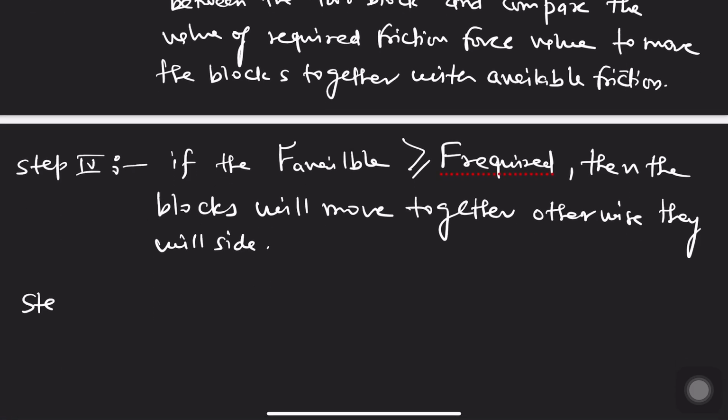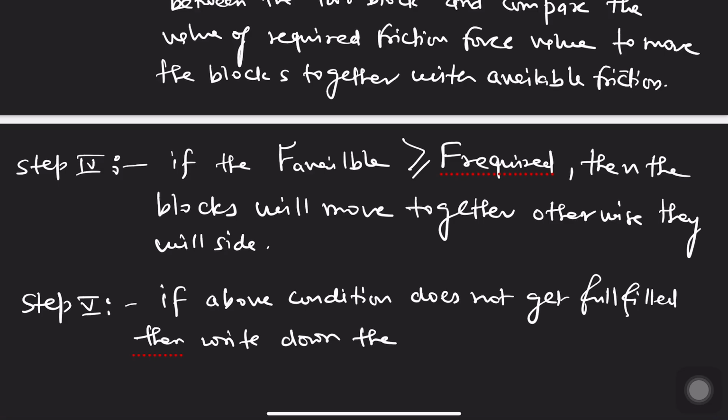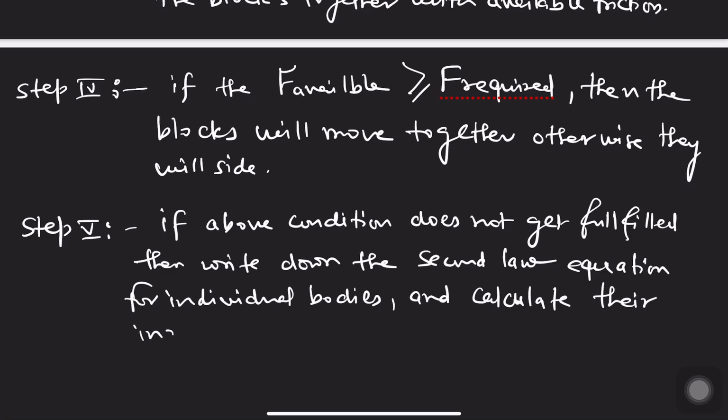So the last step, step 5: if the above condition does not get fulfilled, then write down the second law equation for individual bodies and calculate their individual acceleration.